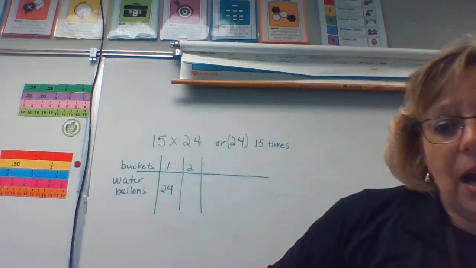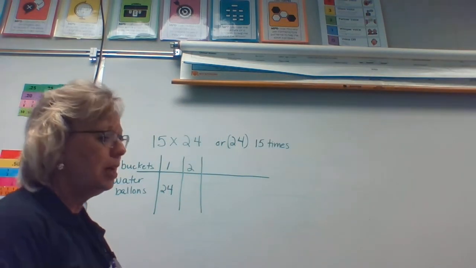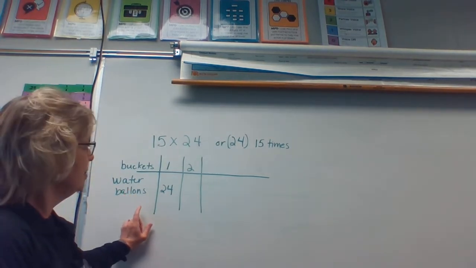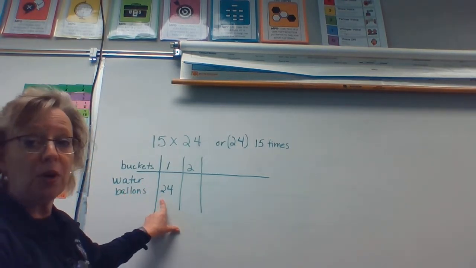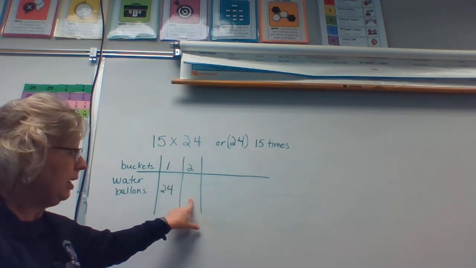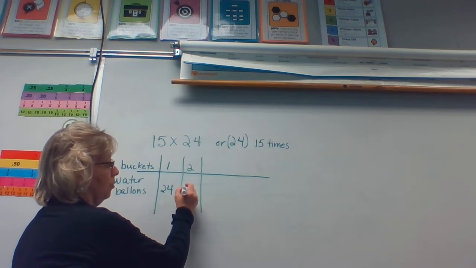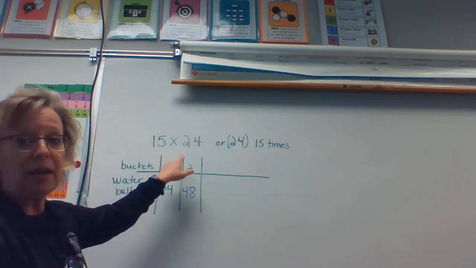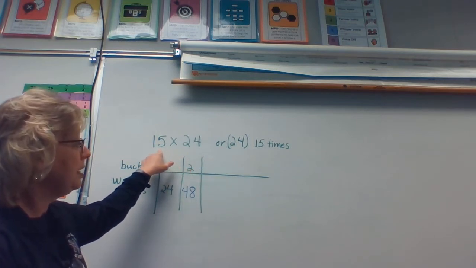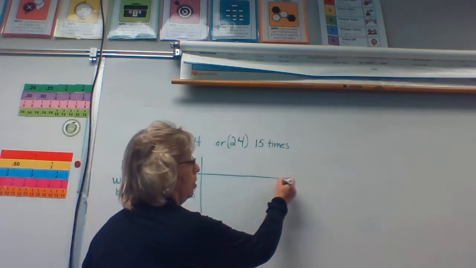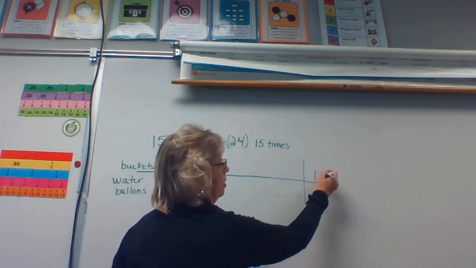So on the board, I have started a ratio table to help us figure out, okay, if one bucket that she has is going to have 24 water balloons, then 2 buckets is going to have twice as many. So 24 plus 24 would be 48. So what we want to figure out is when she fills up all 15 buckets, so we have the 24 right here, so we know we want to end somewhere with 15.